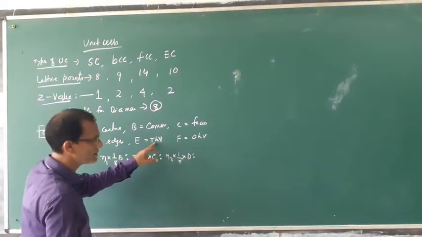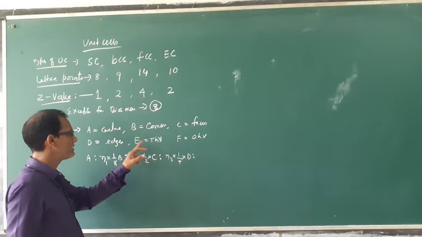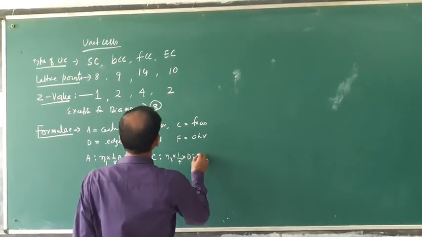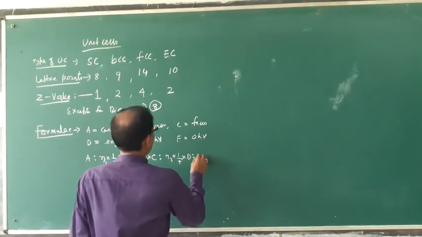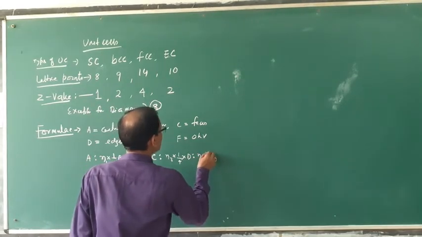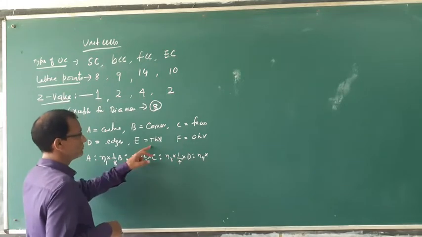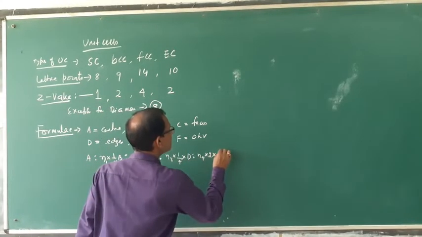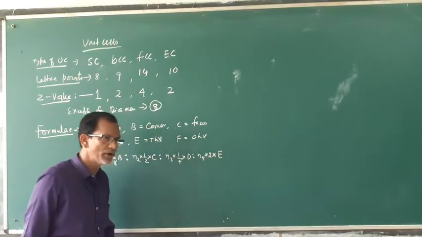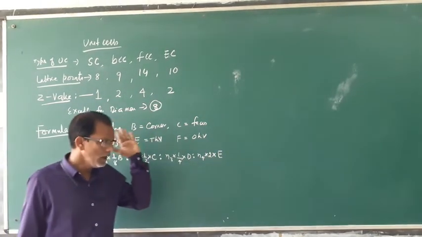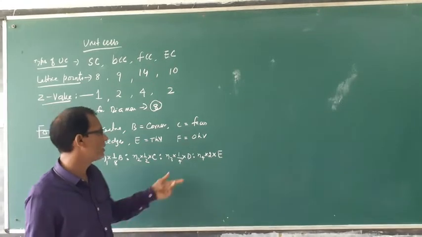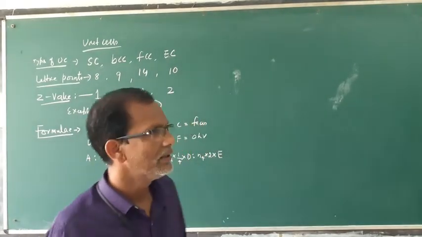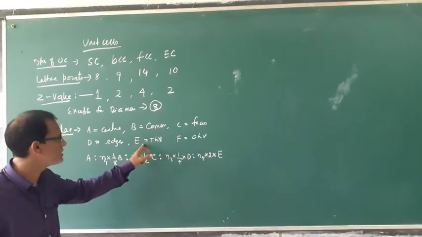Then E are the tetrahedral voids, so it will be n4 into 2 into E. Why is it 2? Because you already know, if the number of spheres is N, then the number of tetrahedral voids will be twice.